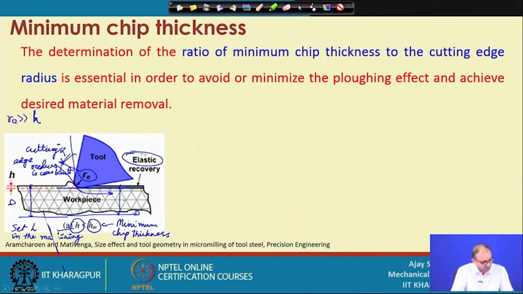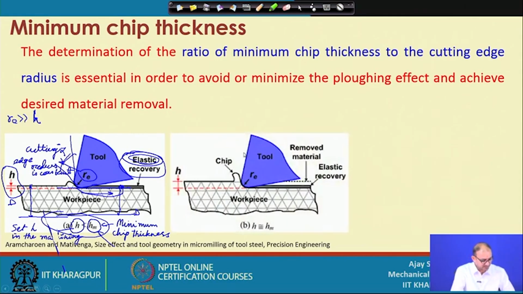Your minimum uncut chip thickness is so low that the material is not crossing its elastic limit, so as soon as the tool passes through the workpiece, the material is resurfaced at this location. It can recover and thin the part again. This is completely not acceptable in machining, because what is our objective? To remove the material.